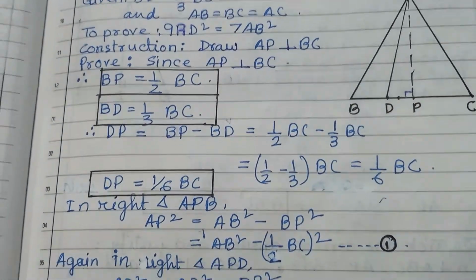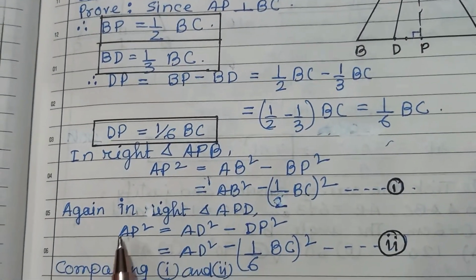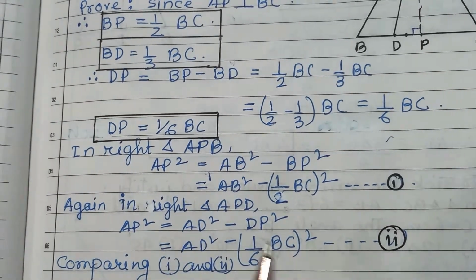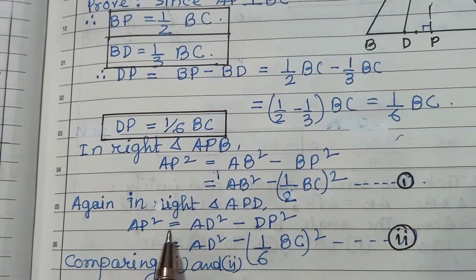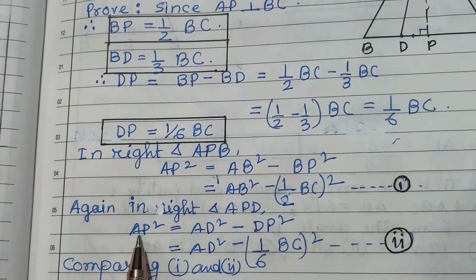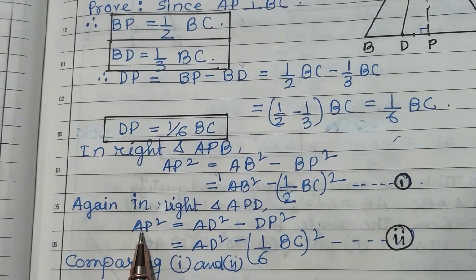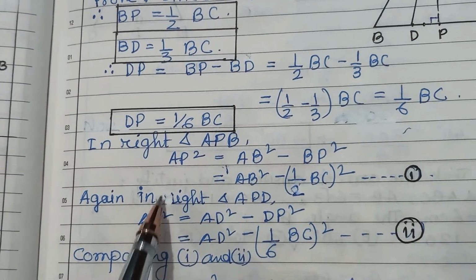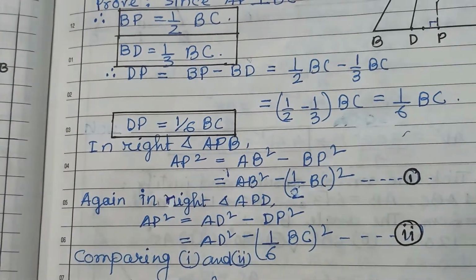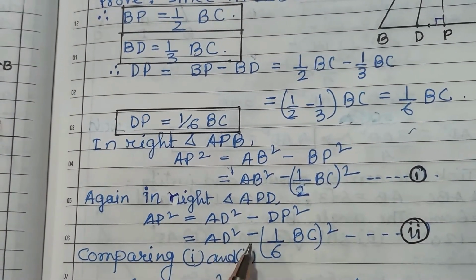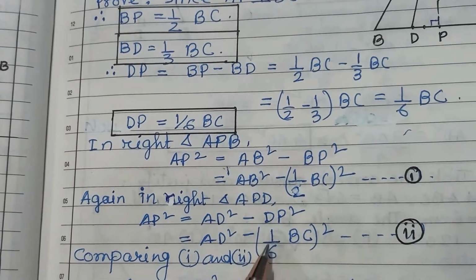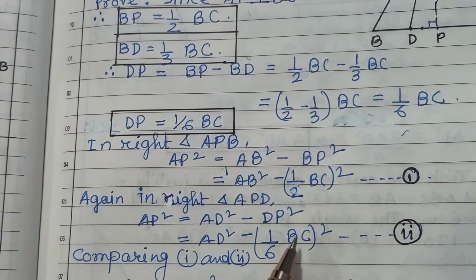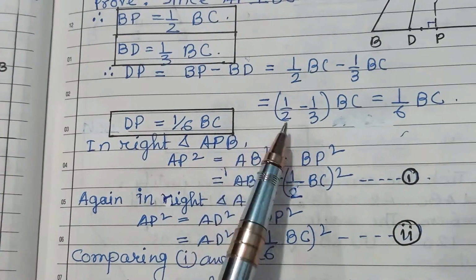Again hypotenuse square is equal to perpendicular plus base square, but I have taken it as AP, altitude square, is equal to AD square minus DP square. AD square minus DP is 1/6 BC. Already we have got this value, 1/6 BC it is.